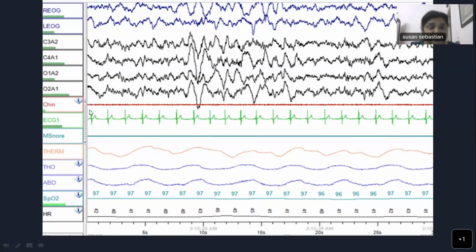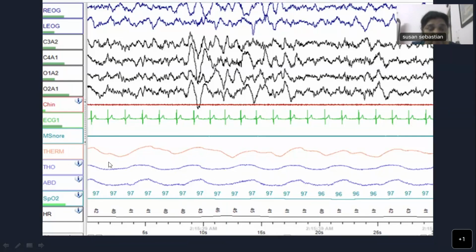Then the chin movements, muscular movement of the chin. So that is depicted here. These represent your sleep stage. Then you have the ECG here. The snoring is recorded. And then this is the airflow. These are the ones which will decide whether your obstructive pattern will be decided by these parameters.